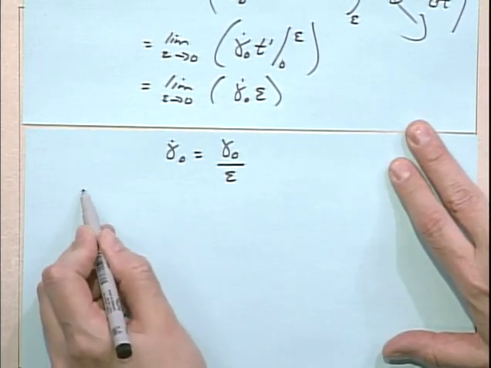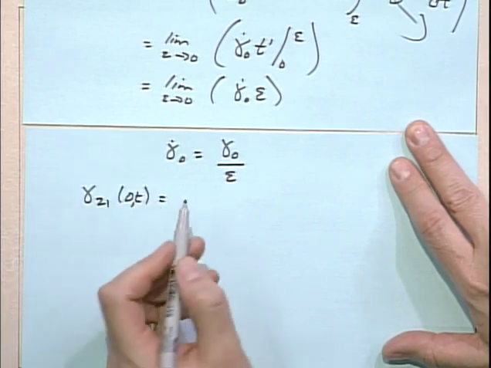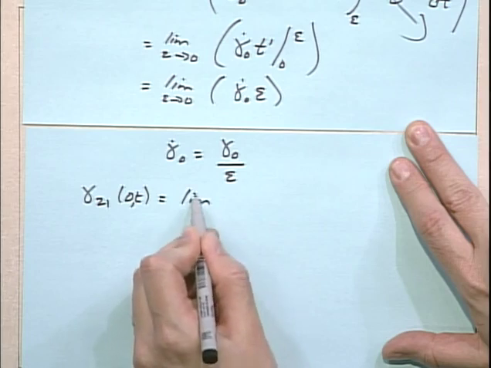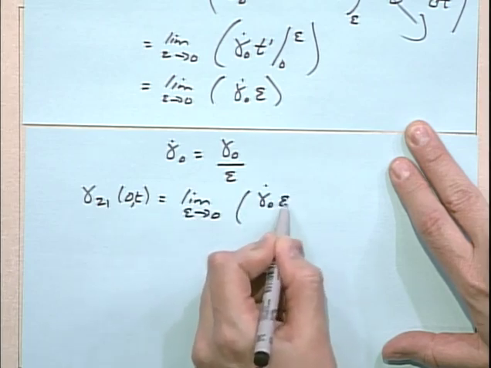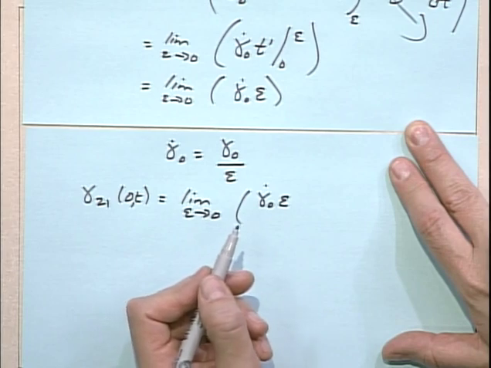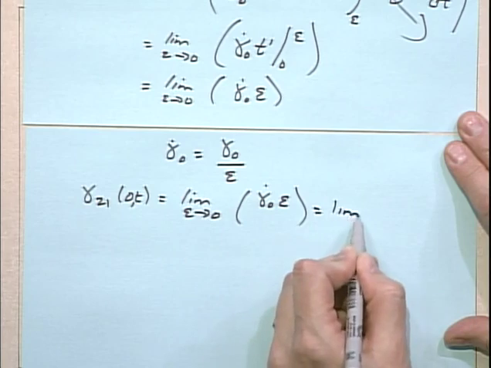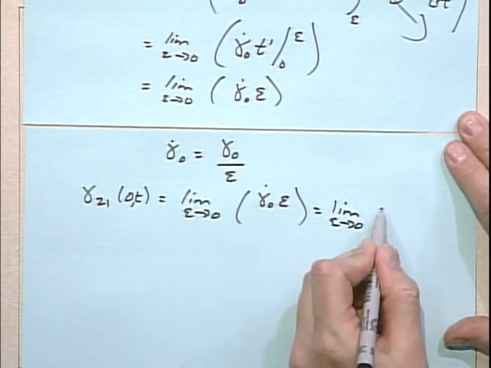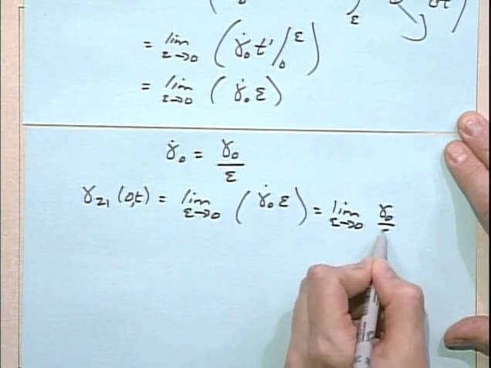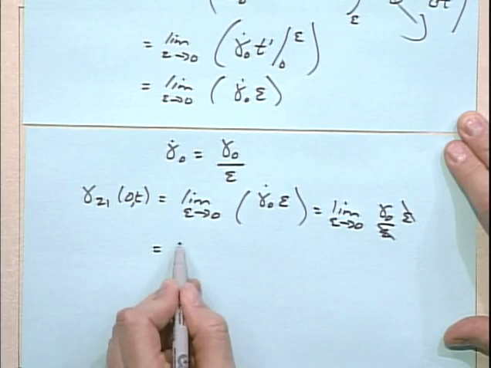We have gamma 2,1 between 0 and t equals the limit epsilon goes to 0 of gamma dot naught epsilon, which is the limit epsilon goes to 0 of gamma naught over epsilon times epsilon. So the epsilons cancel, and we get that it's gamma naught.